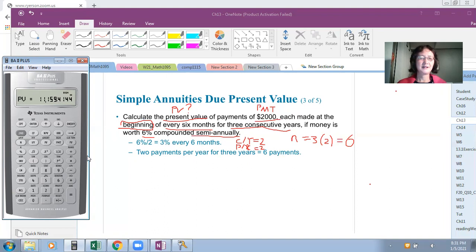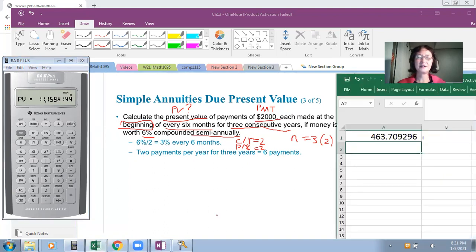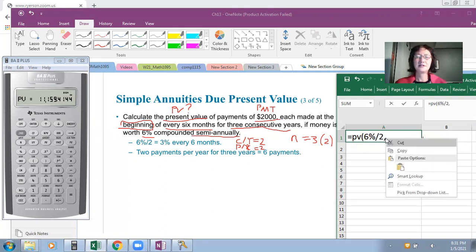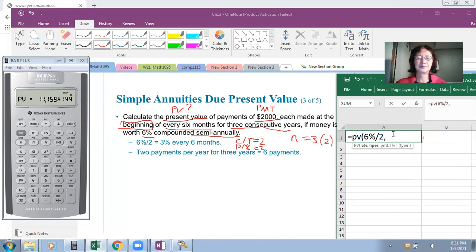Next, we use Excel. In Excel, we need to calculate PV, present value. Rate is 6% compounded semi-annually. NPER is term N, 6.